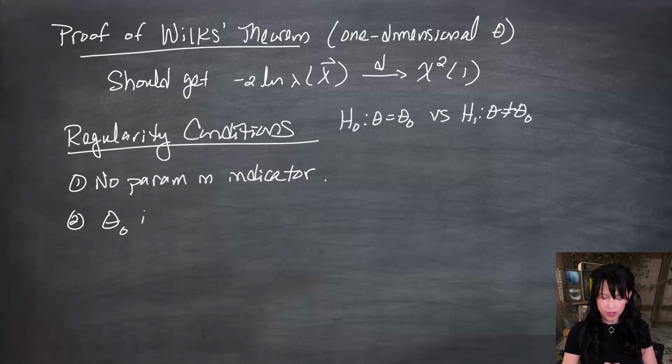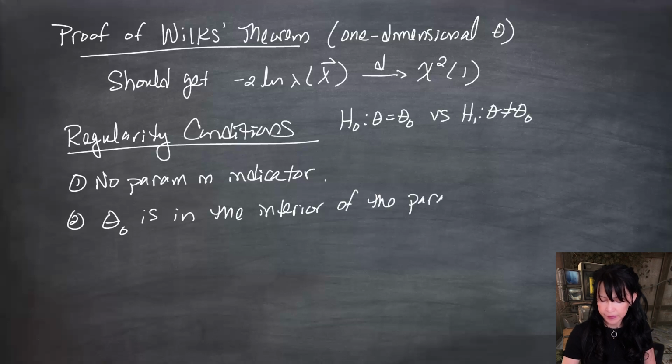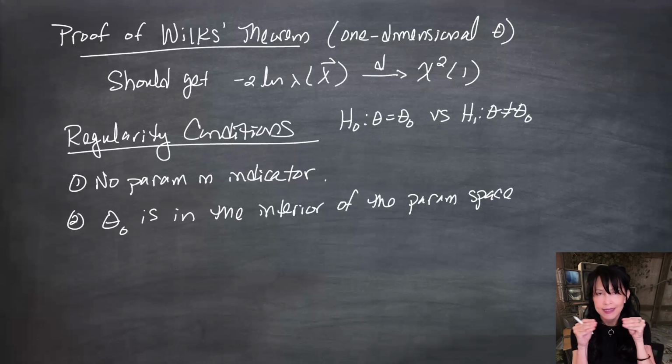So theta naught needs to be in the interior of the parameter space. So if you have some distribution that says that theta has to be between 1 and 2, just to make something up, theta naught had better not be 1 or 2. It needs to be inside in the interior of the parameter space.